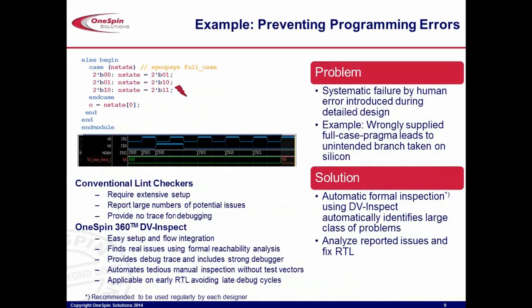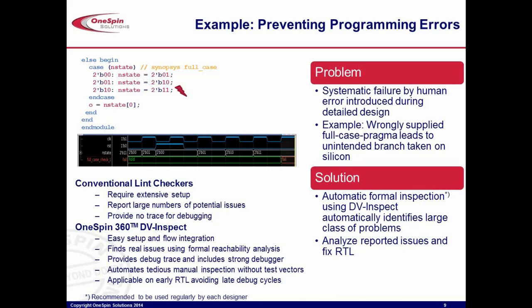Now we go on to a different topic, RTL verification. As we saw, for instance, in the phase of detailed execution of the project, where you code your RTL, there is a possibility of introducing bugs, of course. And these bugs are introduced by a human in this case, whereas before we saw an example of a bug introduced by a synthesis tool.